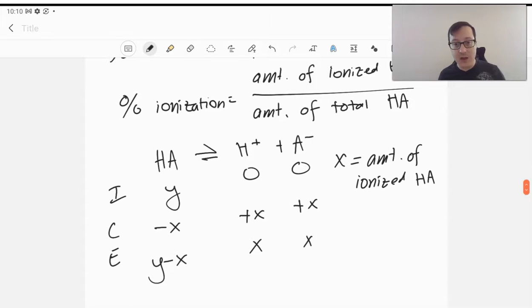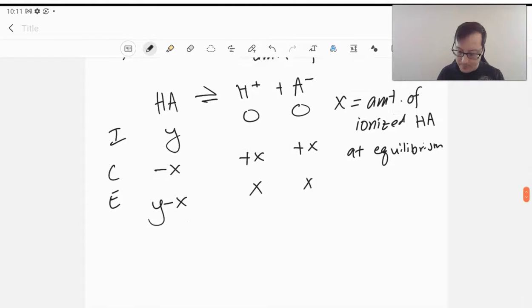So we can rearrange this equation. One more important thing is that this is the equilibrium value, the complete amount at equilibrium.